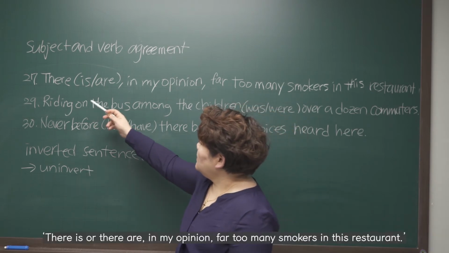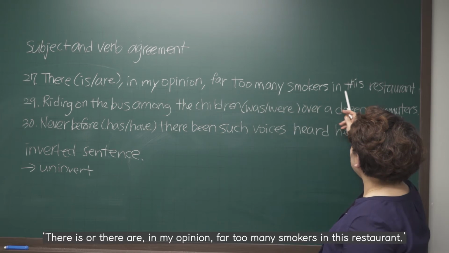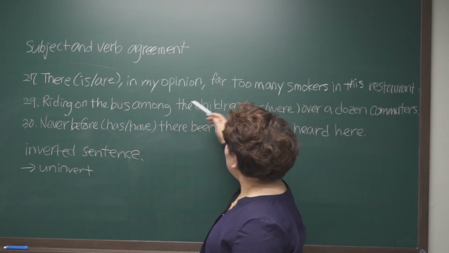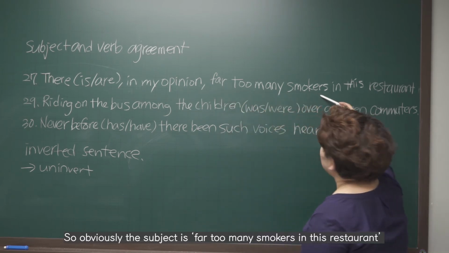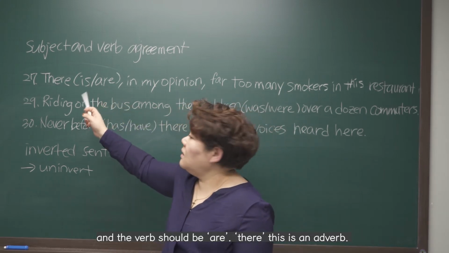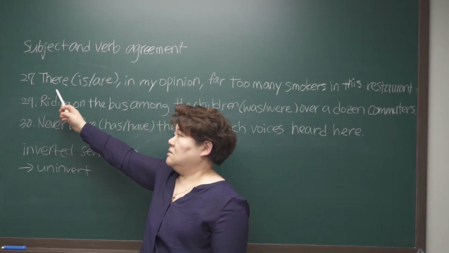Okay, there are, in my opinion, far too many smokers in this restaurant, right? So obviously the subject is far too many smokers, right? And the verb should be are. Okay? There, this is an adverb. This is not a subject, right?